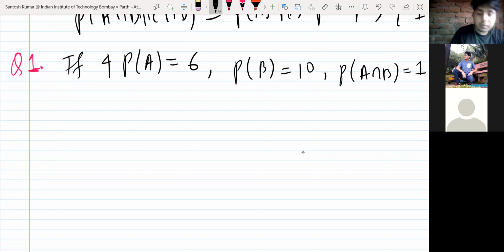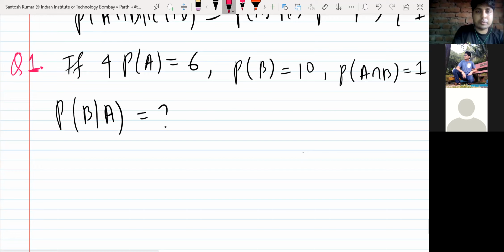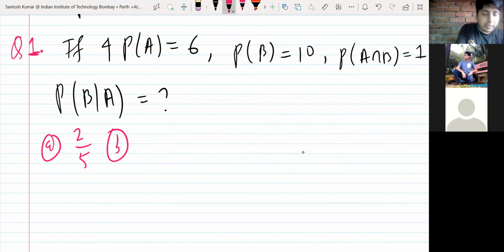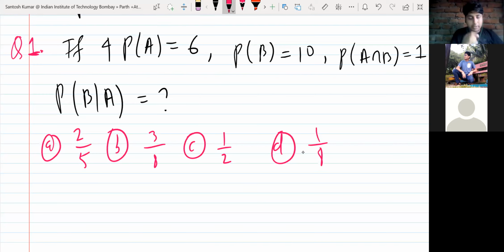Okay, so what is probability of B given A? They want to ask. The question I'm writing was asked in some entrance exam. So the options are 2 by 5, 3 by 8, 1 by 2 and 1 by 8. Try.